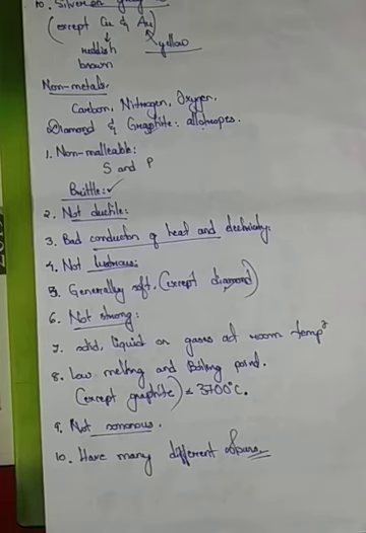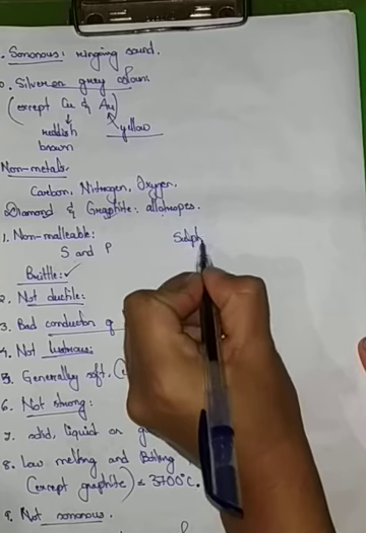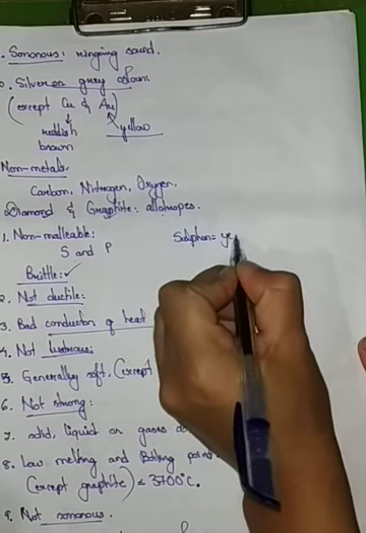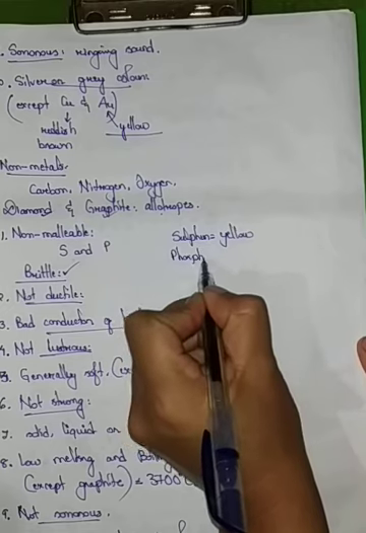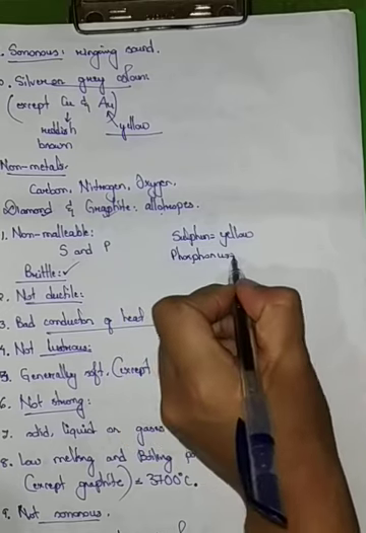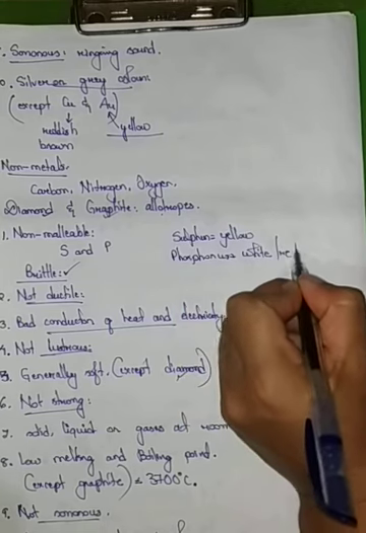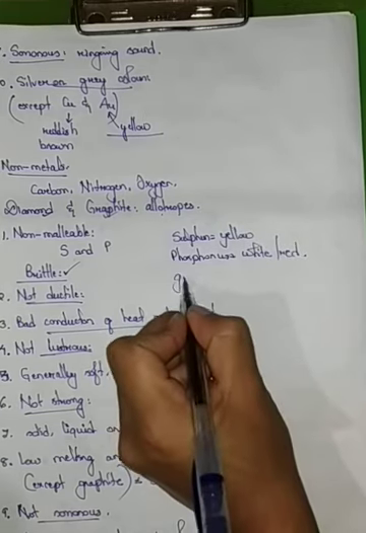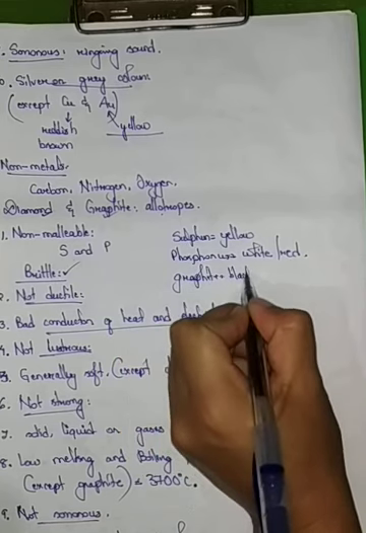For example, sulfur is yellow in color. Phosphorus is white, or it can be red. Graphite is black.